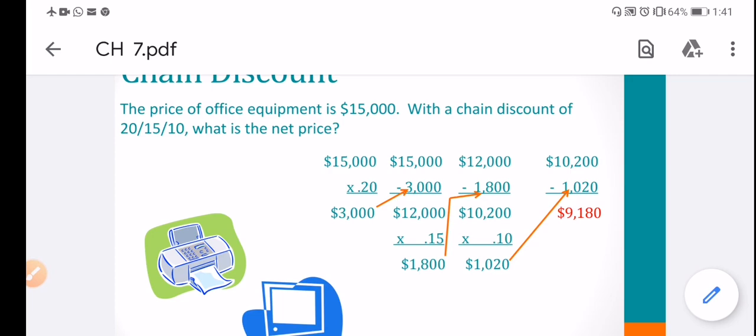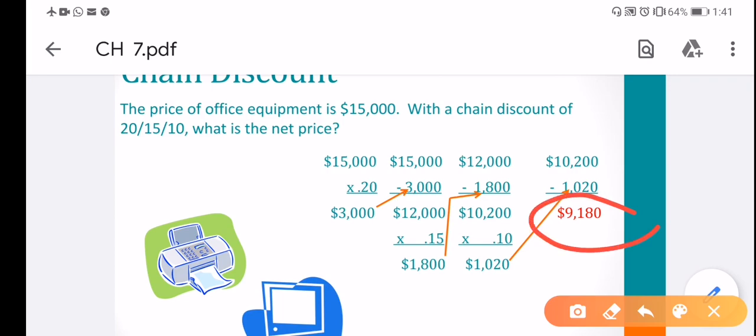I should pay the latest price, which is 10,200, minus the discount amount, which is 1,020, and then we will get 9,180. This is the price after these three chain discounts that the company gave.